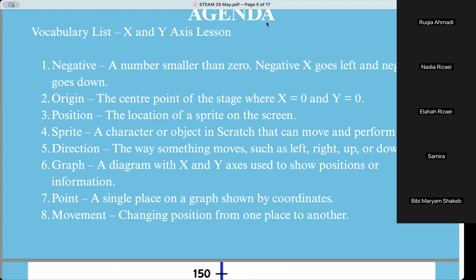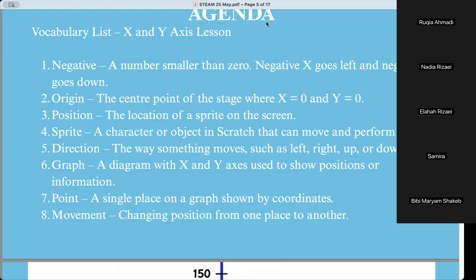And the final one, I would like Bibi to read number 8, please. Bibi? Okay, dear teacher. Movement. Movement: changing position from one place to another. Thank you. So this is all about movement.